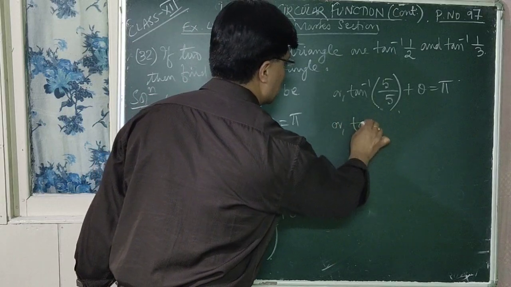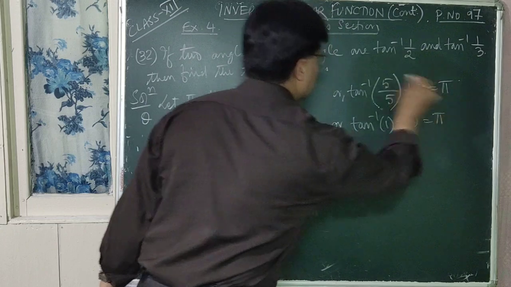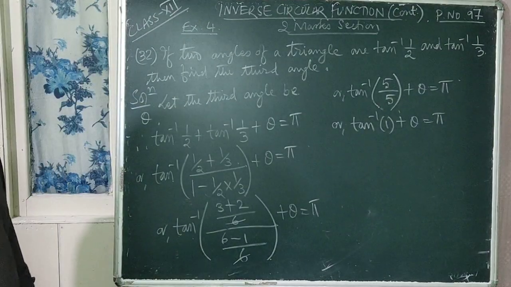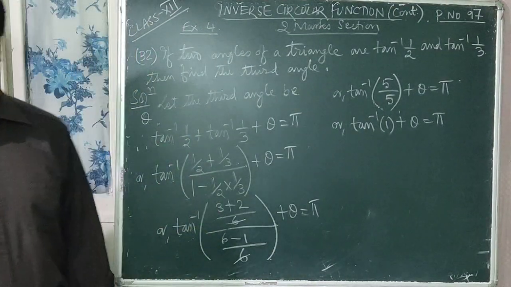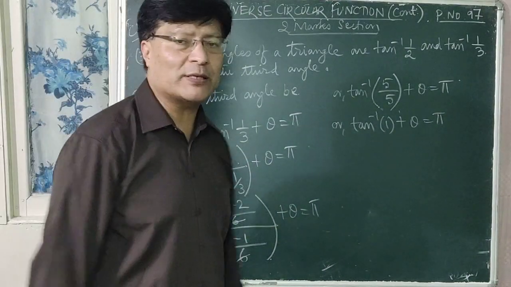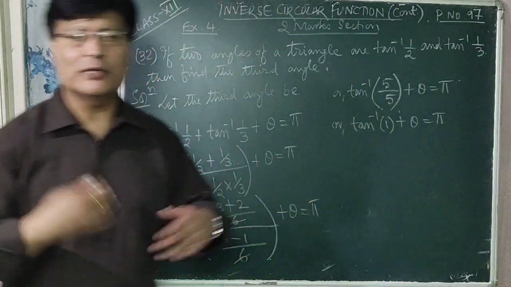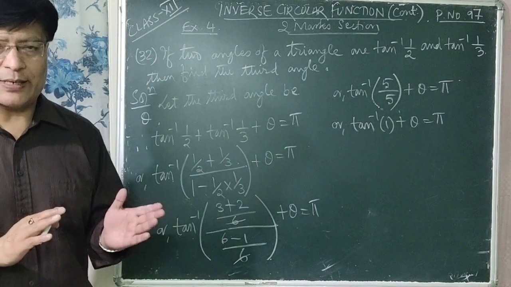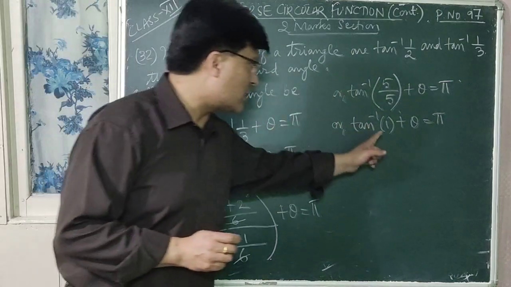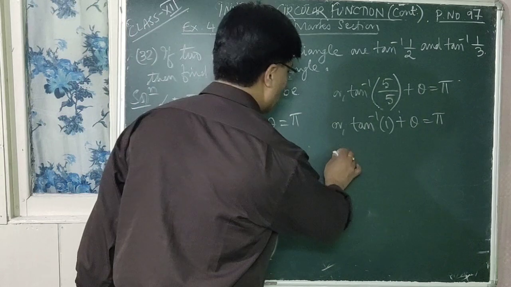Or this is tan inverse 1 plus theta is equal to pi. So how can you find the value of this inverse circular function? You have to convert it into tan inverse tan x form so that you can write only x. Tan of which angle is 1? Tan pi by 4.